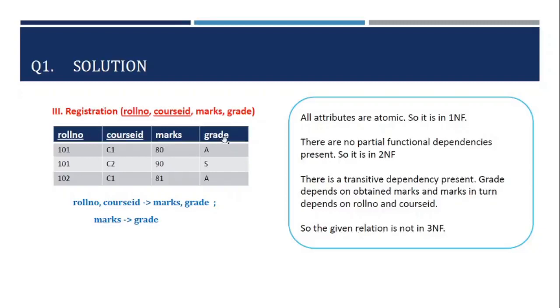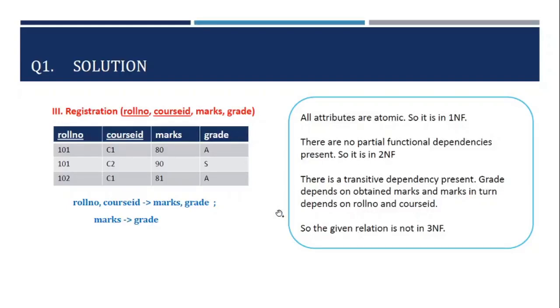Now if we take grade depends on marks, this functional dependency doesn't say anything about the primary key. What do you mean by partial functional dependency? Only if a non-prime attribute is dependent on a part of a primary key is it called a partial functional dependency. Here we don't have that scenario, so this relation is in second normal form.